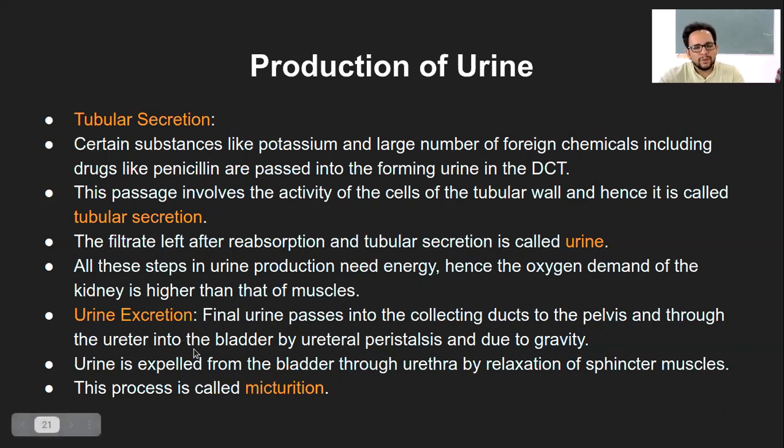Then it will enter into the ureter and bladder, and through ureteral peristalsis, due to gravity, it will be expelled out of the body through the urethra. That is by the relaxation of the sphincter muscles at the base of the urethra, and that process is called micturition or urine excretion. So that is the last part of urine production.